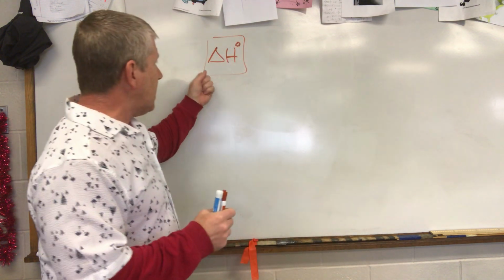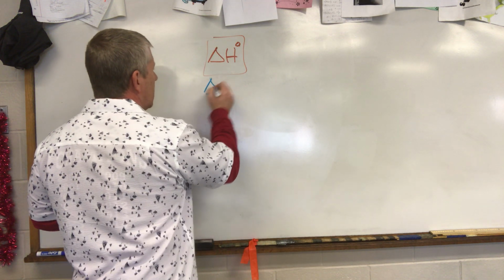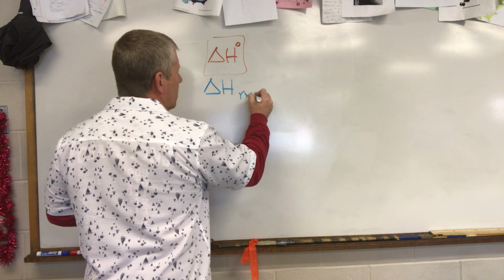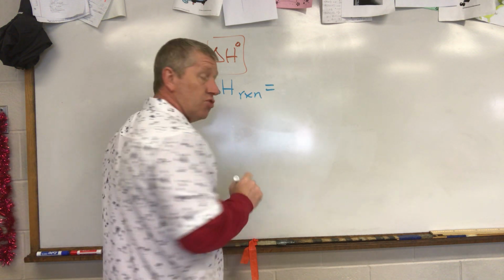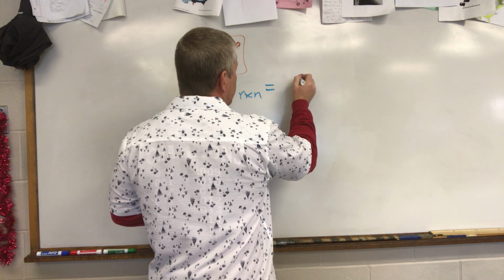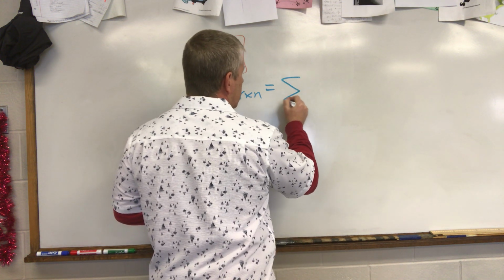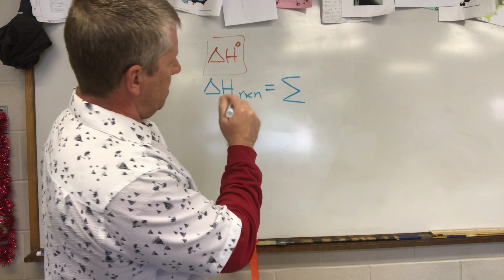So to get a change in the heat of a reaction, what we're going to do is subtract the heat. Now, I'm going to use a symbol. Sometimes you'll see it written like this. Kind of looks like an E backwards.